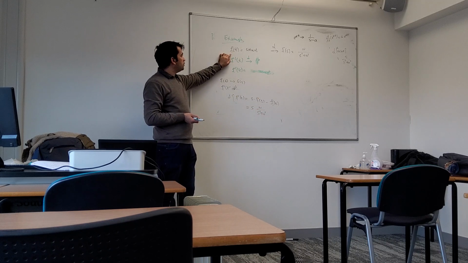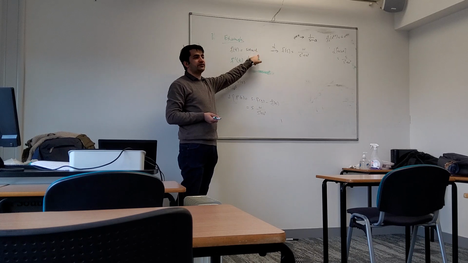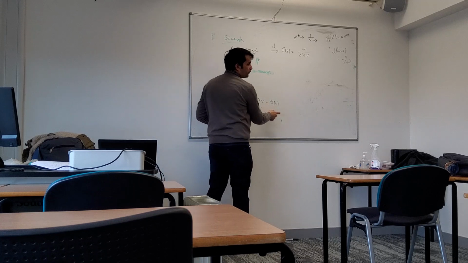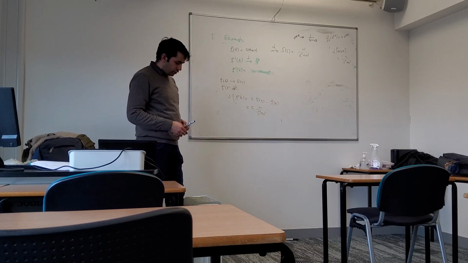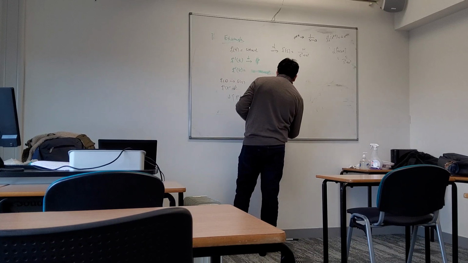Sine of t. When you put t equals to 0, it would be sine of 0. What is sine of 0? 0, right? So the latter term would turn out as 0. So the transform is omega s divided by s square plus omega square.